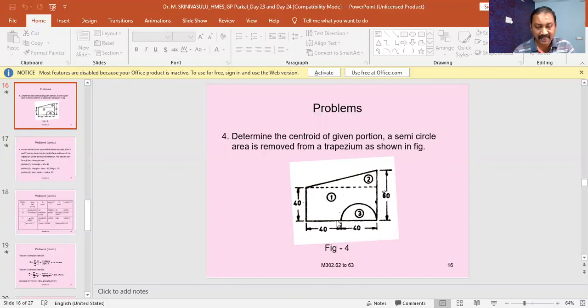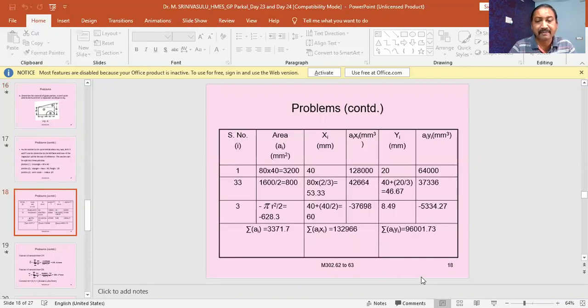So the same distance from the x-axis. So y3 is equal to 4r by 3 pi, that is 4 into 40 by 3 pi. It will be becoming 8.49 millimeters. And the term a3 into y3 becoming 5334.27. And here also we have taken negative because it has to be removed.